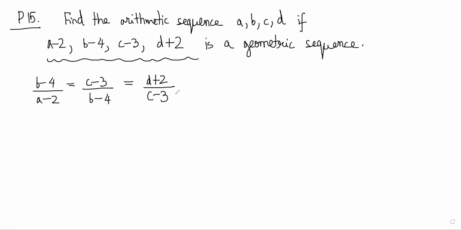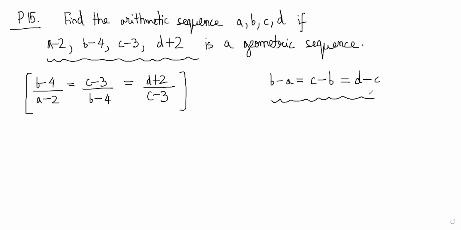This is what we know from the geometric sequence. And what do we know from the arithmetic sequence? B minus A is equal to C minus B is equal to D minus C. And basically we have to find A, B, C, D.